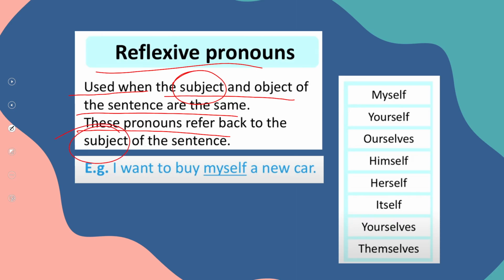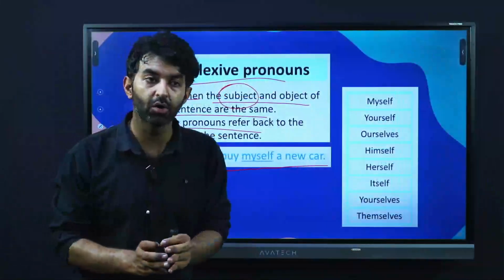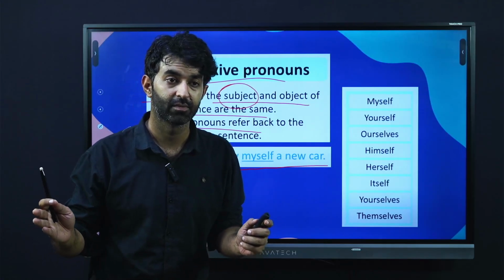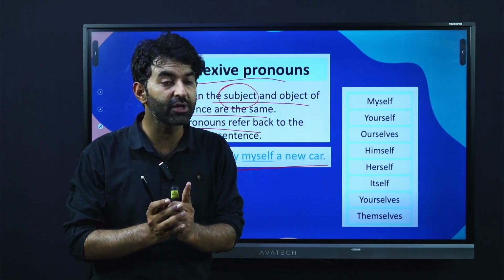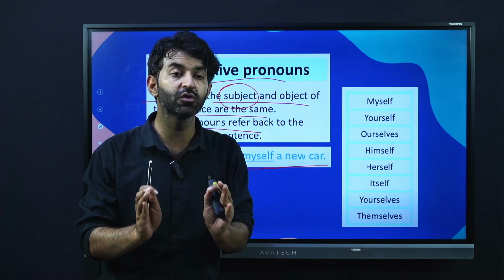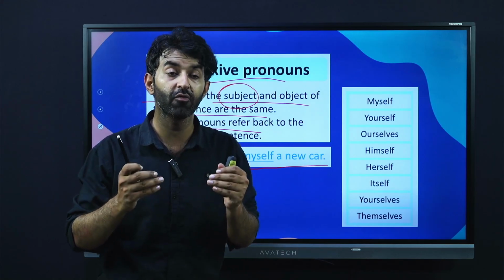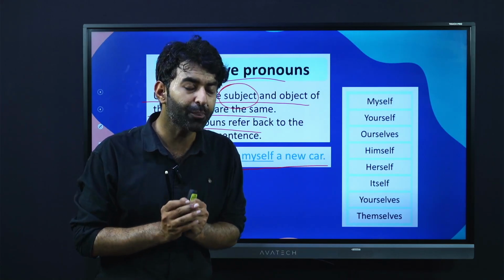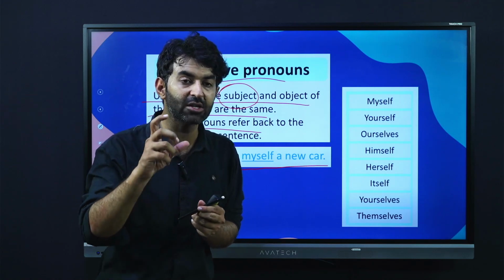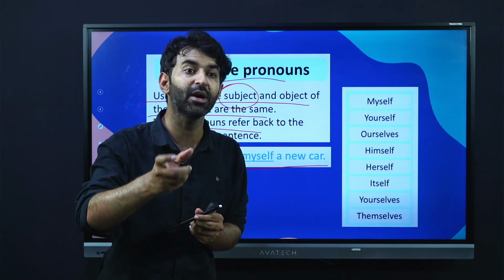For example, I want to buy myself a new car. Now, are we talking about somebody else? We are just talking about one person, and that person is using a pronoun for himself or herself. So it means that the pronoun is actually reflecting back the person.